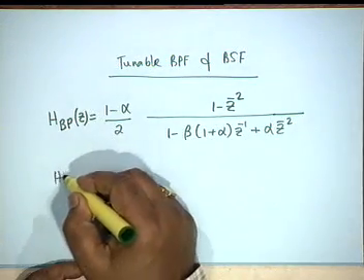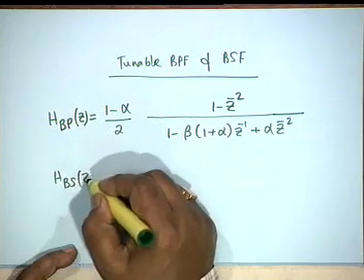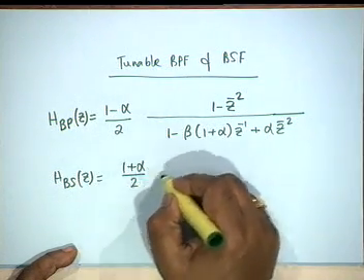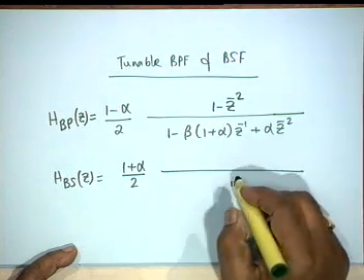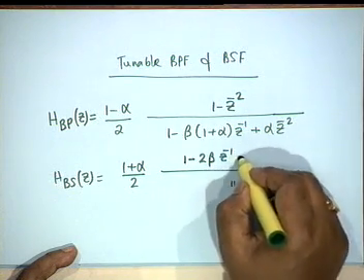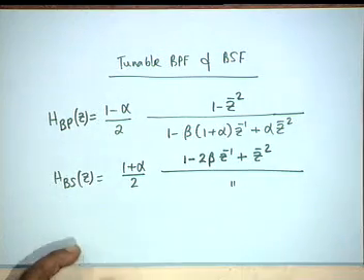Let me write the band stop transfer function also, that is (1 plus alpha) by 2, the same denominator, and the numerator is 1 minus 2 beta z inverse plus z to the minus 2.